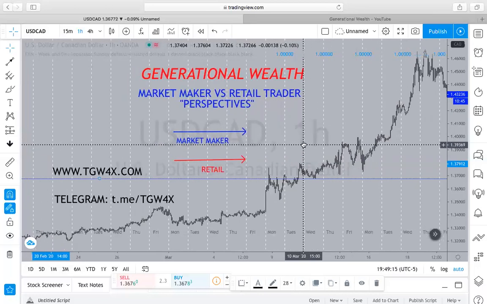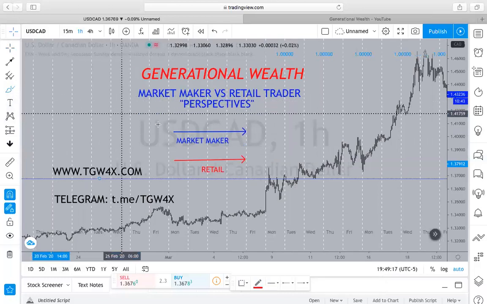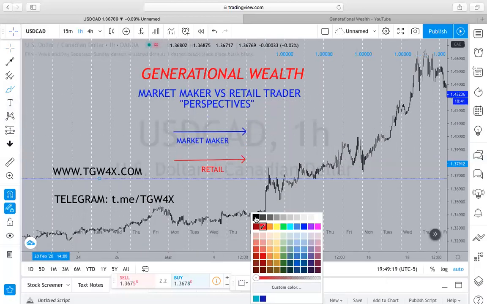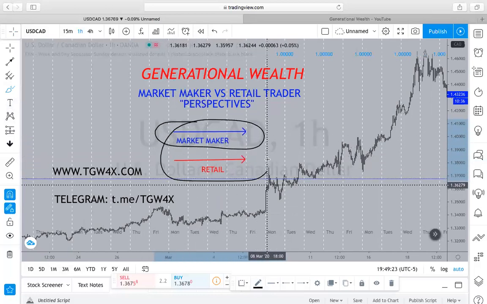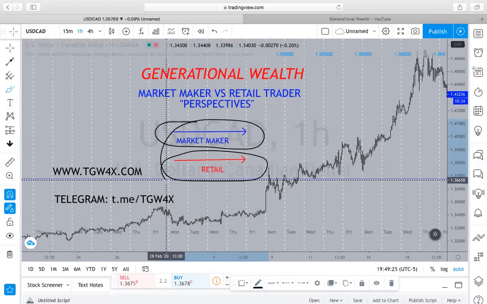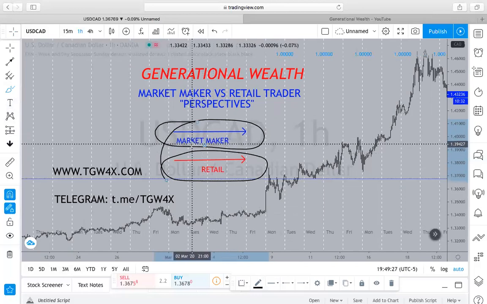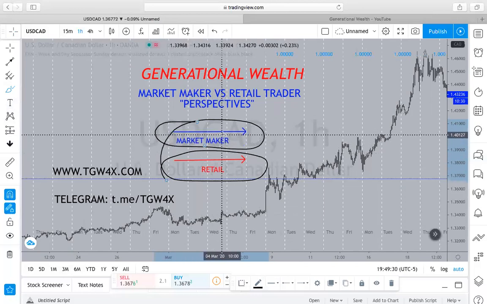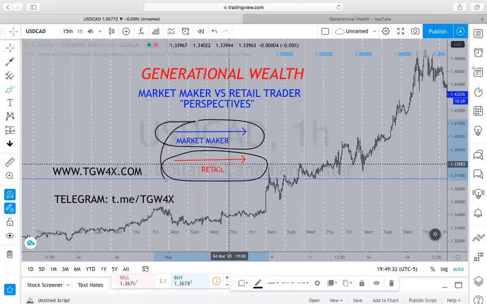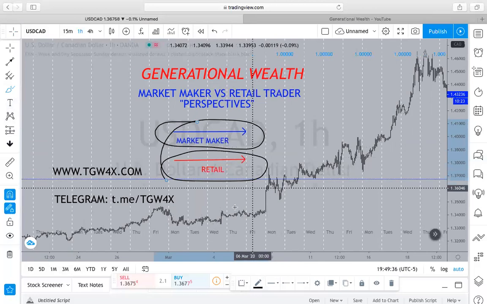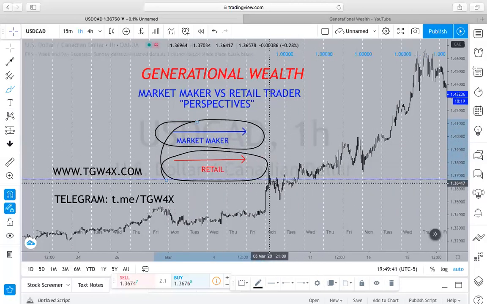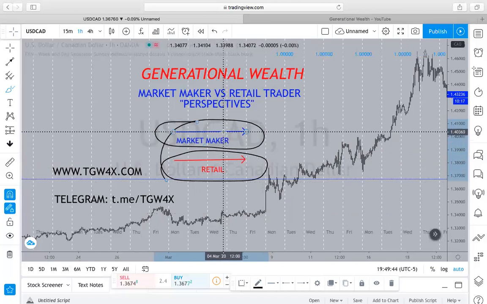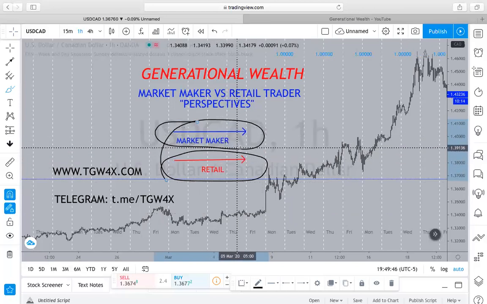On here, I actually put on a marker indication for both. The market maker will be this blue color, and the retail traders will be this red color. I'm going to show you a perspective on what's happening with these two indications using arrows.